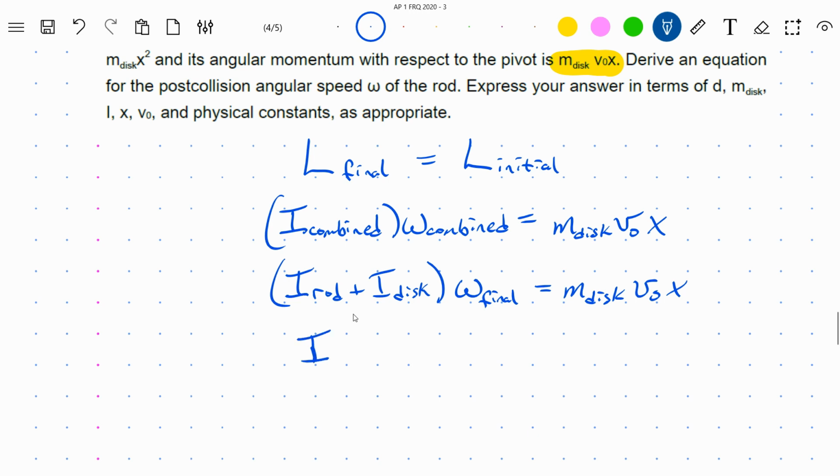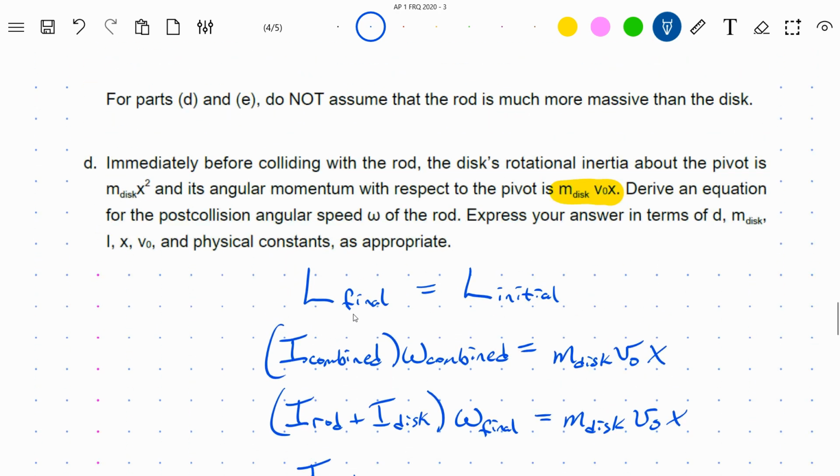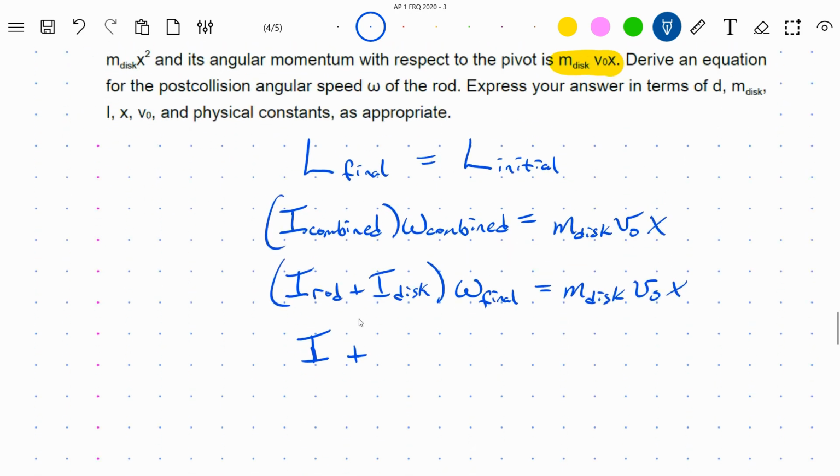Now, let's remind ourselves that the rotational inertia of the rod is given as I. So that's their notation. I'm going to start using it as of this moment. Plus the rotational inertia of the disk. They told that to me already here. It is m of the disk x squared, so I'm going to use that now, again using their exact same notation. So that's the left side of the equation for the total moment of inertia, or rotational inertia. And they want me to find the equation for the post-collision angular speed. They're just referring to that as omega.